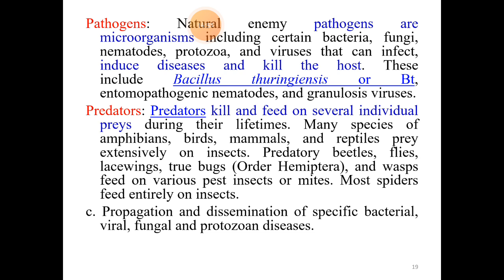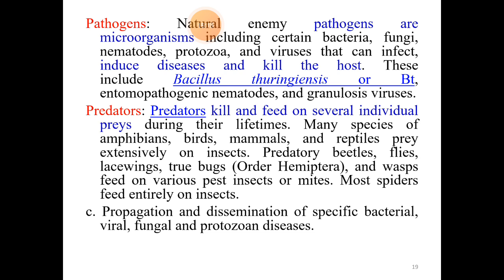Pathogens are microorganisms like bacteria, fungi, protozoans, and even some of the viruses that induce diseases in the pest organisms. Bacillus thuringiensis and granulosis virus are the best examples for it.